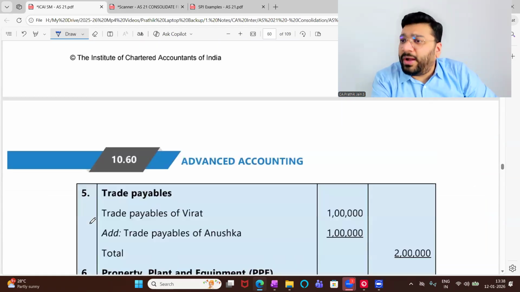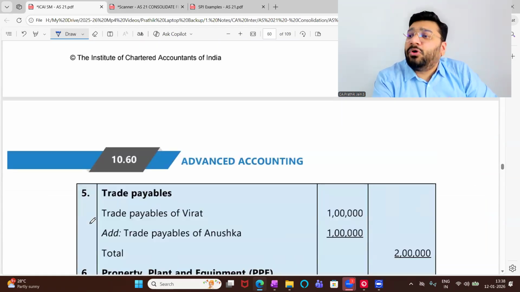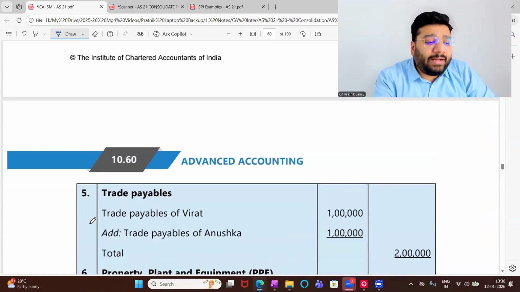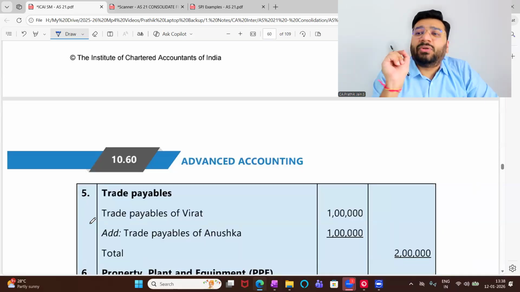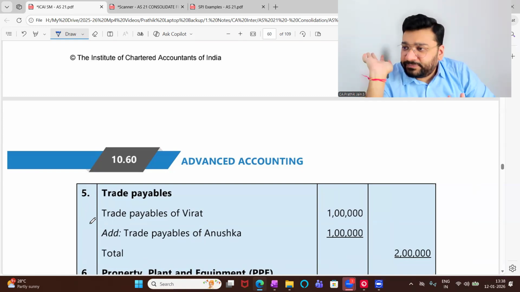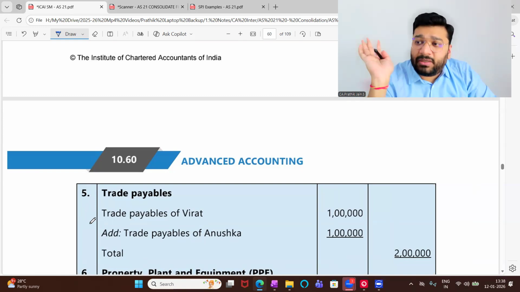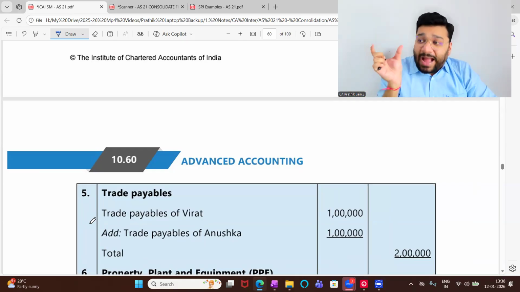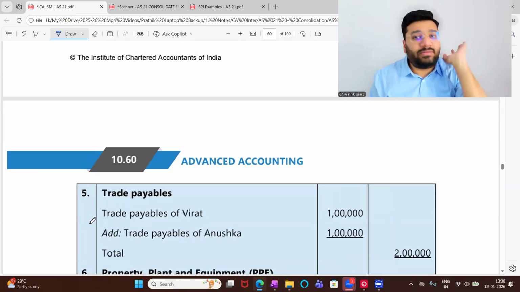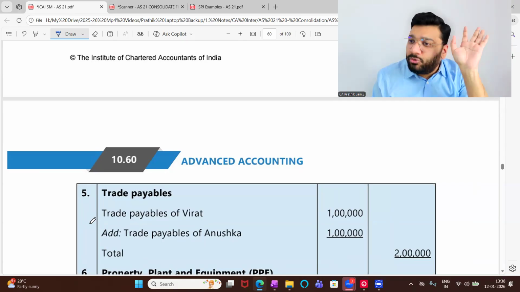You can do this provided you find time in the exam. But if you don't find time in the exam, do notes wherever you have a lot of adjustments, plus and minus, to be done. If there are only two items to be added, one of holding and one of subsidiary, if possible, avoid it. If time permits, do it, I have no problem. But if time does not permit, more important than showing that note number is adding them and showing them in the CBS. Are you able to understand how to present it?